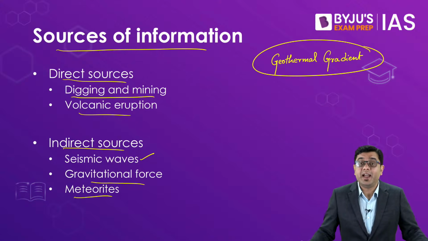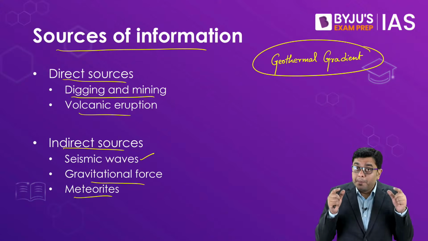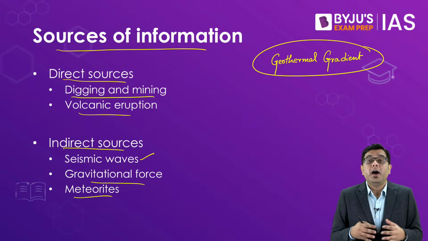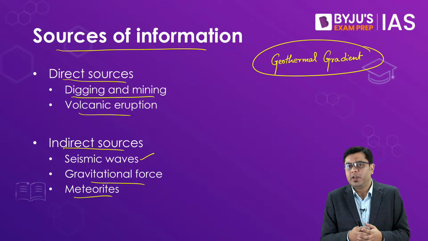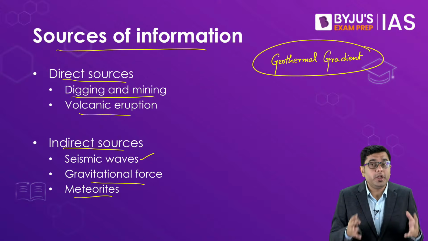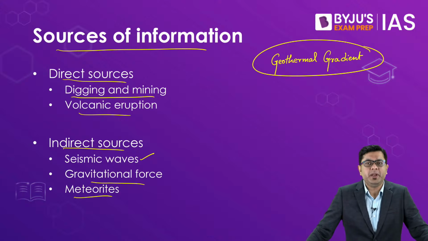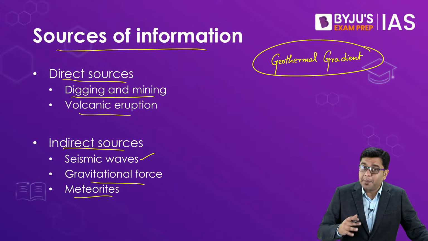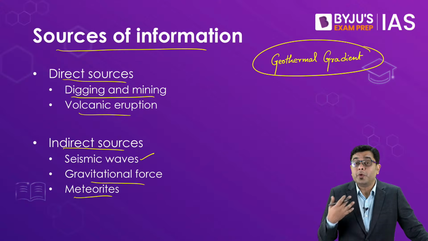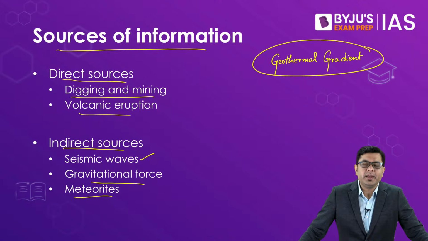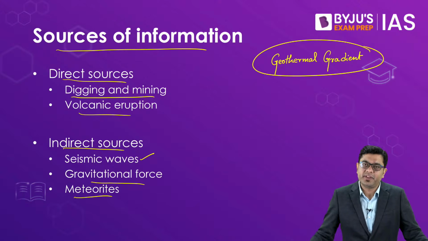Upon study of those portions and remnants of meteorites, that gives us an idea about the types of materials which would have undergone collision to form the planet Earth approximately 4.5 billion years back, and thereby gives us an idea about the present interior composition of the planet in terms of the elements which are present.